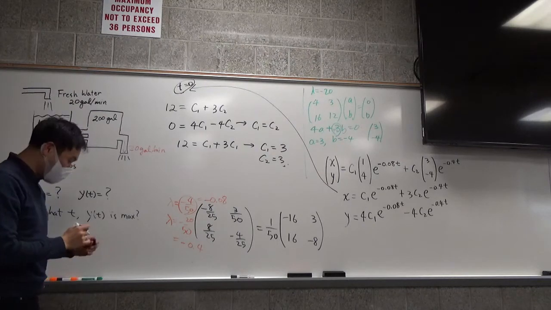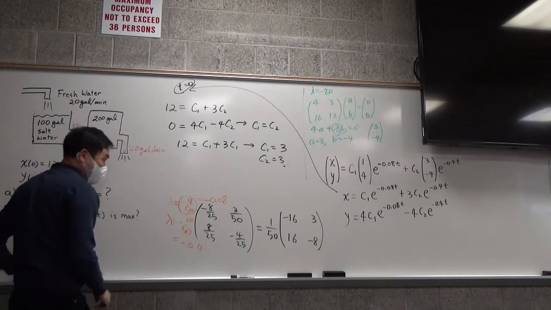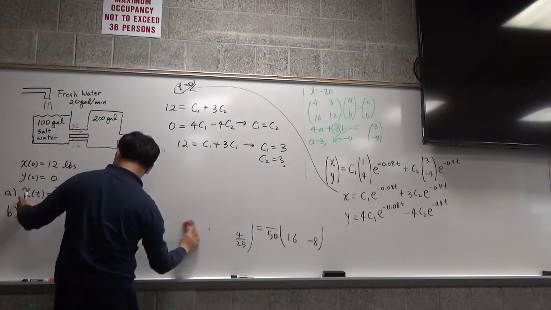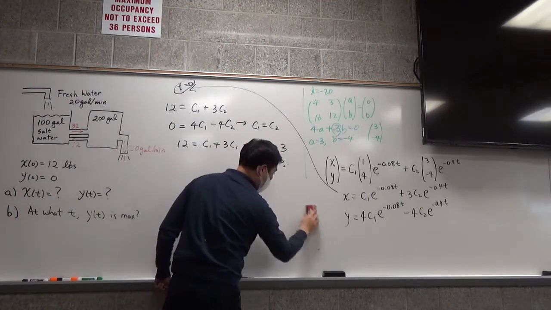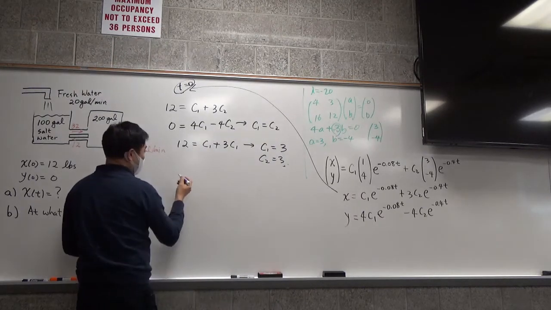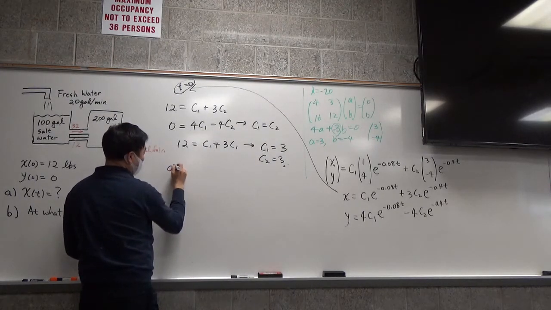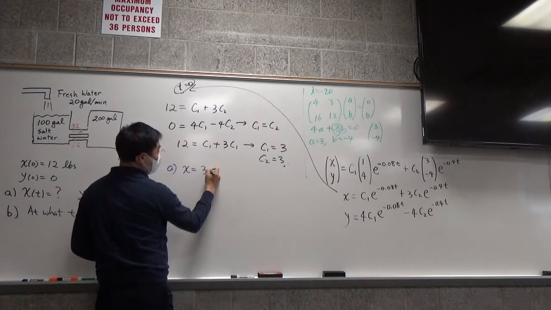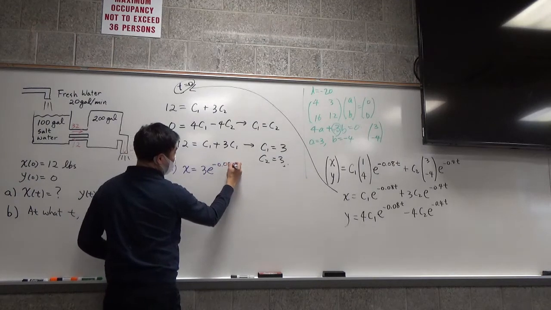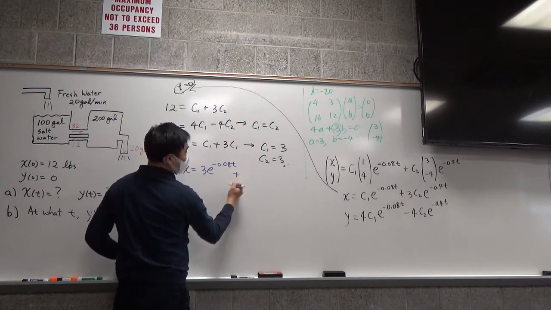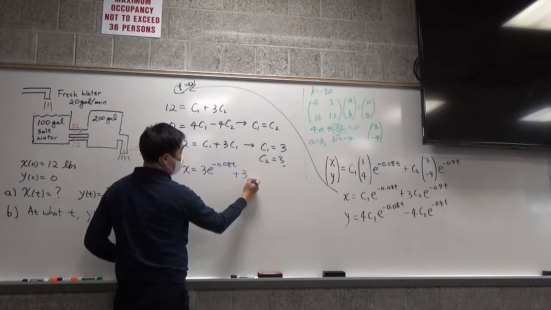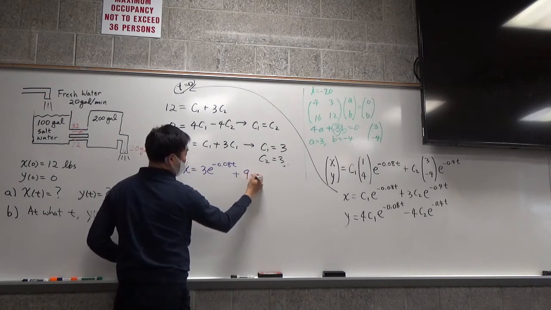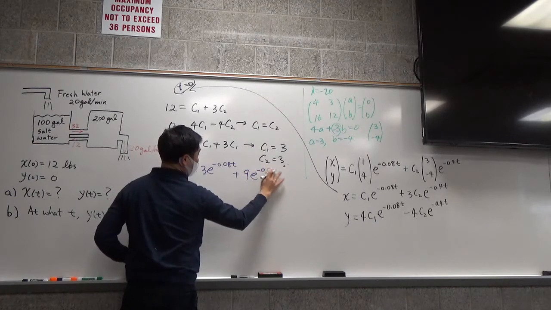Okay, so we are now able to write down the final answer. Well, not the final answer, at least for the first question we found. So the answer for A is that x must be 3 e to the negative 0.08t plus 3 times C2, which is 3, so 3 times 3 is 9 e to the negative 0.4t.